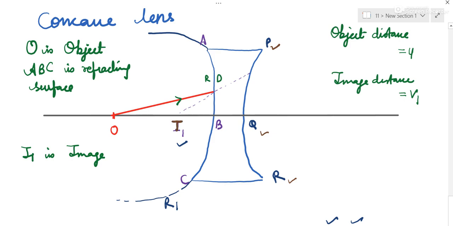That will be the object distance. The final image will be formed at I. The second surface will diverge it even more, so produce it back straight, absolutely straight. This is the final image.